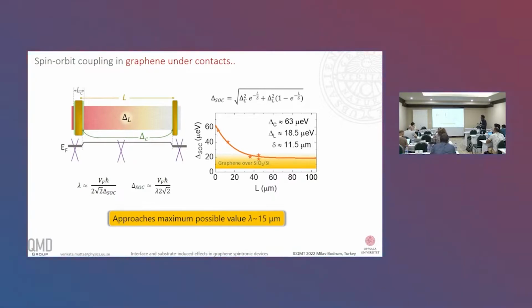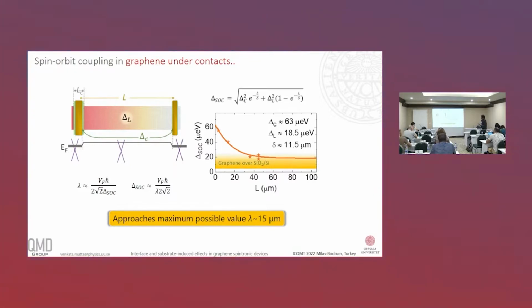So we got these values and we tried to plot them and fit with this model, and we find that beyond a certain point, the spin orbit coupling becomes like 20 milli-electron volts, which is what one can expect for large-scale graphene on standard silicon substrates.